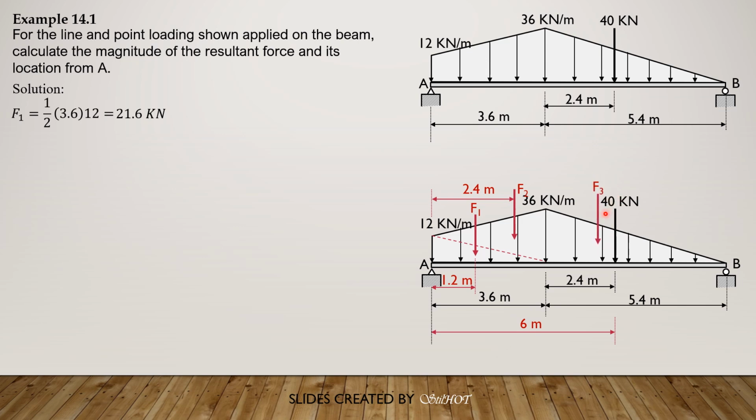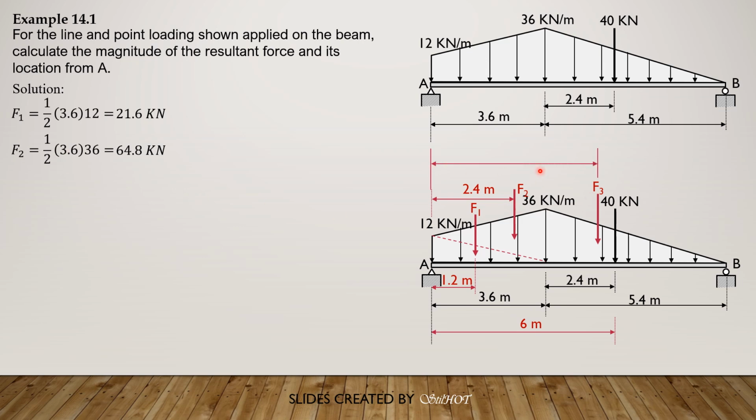And F3, the distance from this point is 1/3 of 5.4 is 1.8 plus 3.6. So distance of F3 from the left end A is 5.4. So F2 is area of triangle 1/2 of 3.6 times 36, so 64.8 kilonewtons.